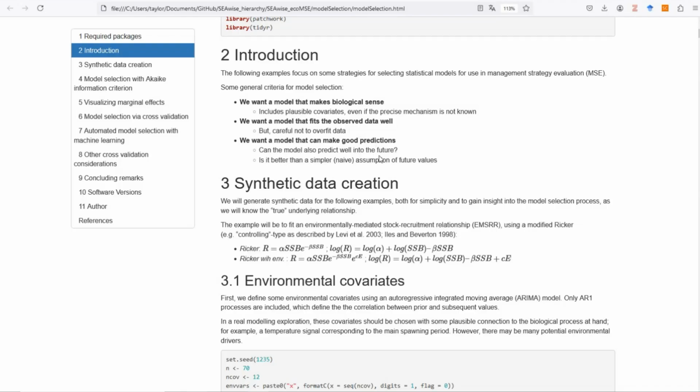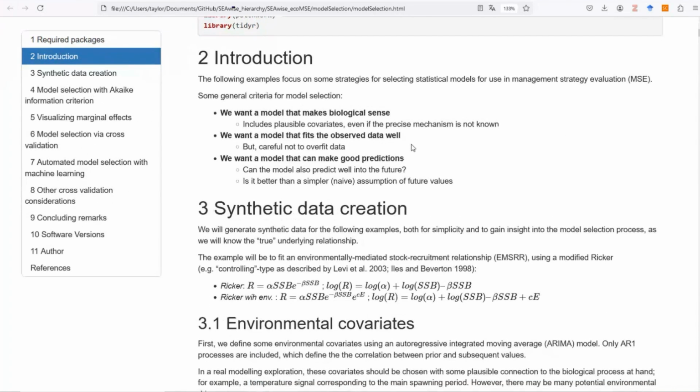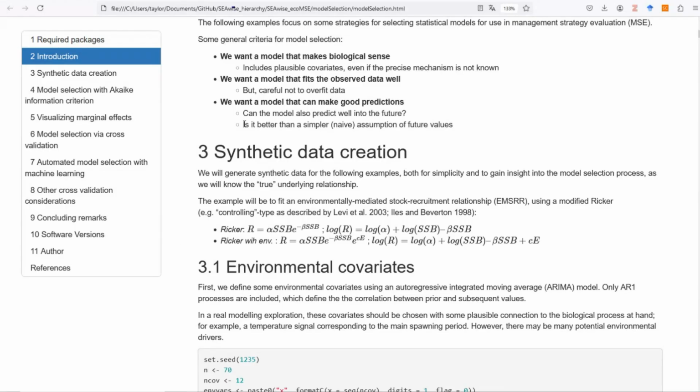And with specific reference to MSE, we want models that can make good predictions into the future. Specifically, we're also going to be comparing whether our model is better than some sort of simpler, naive model in order to adapt it for prediction.